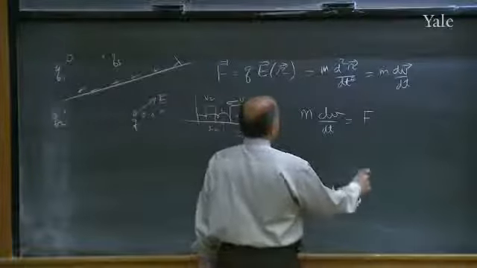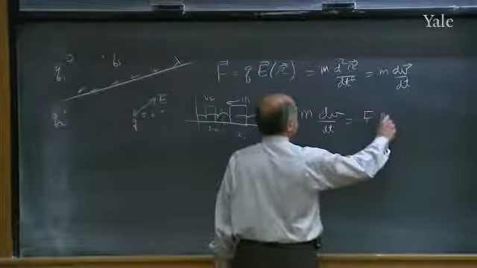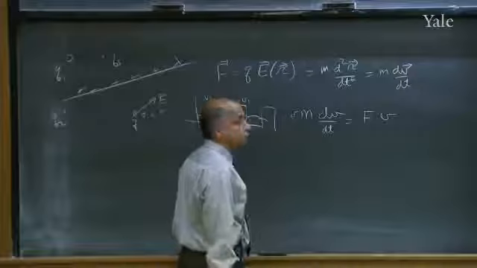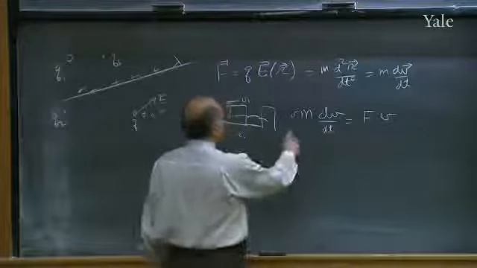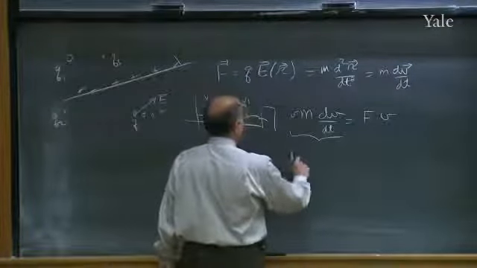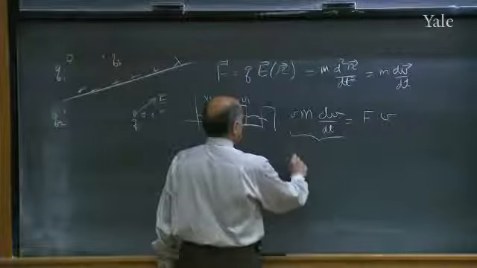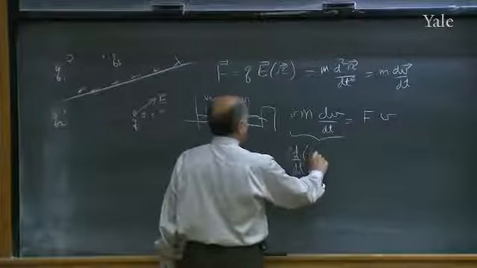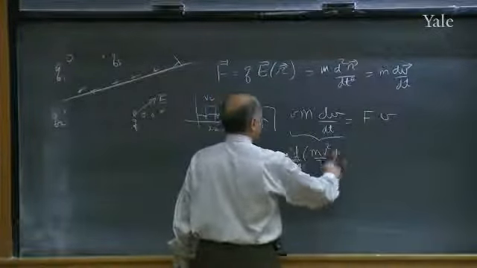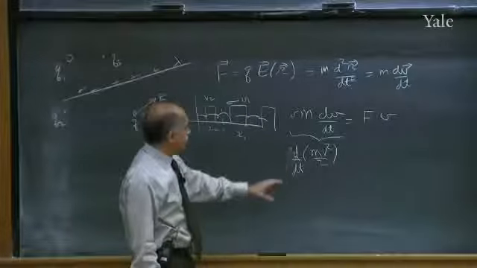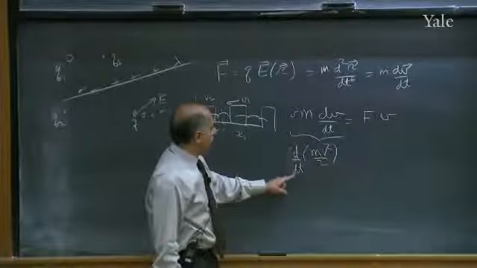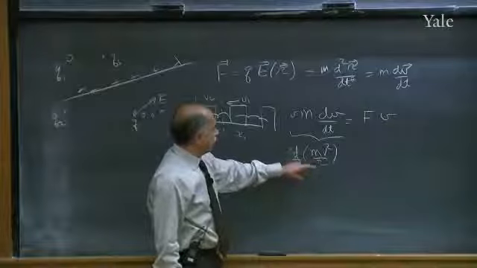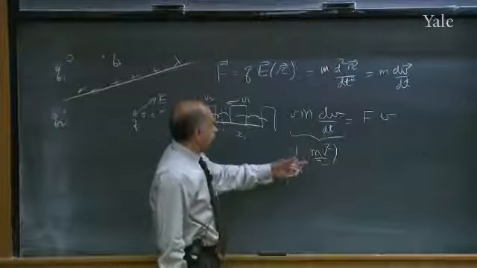Then I multiply both sides by v. On the left-hand side, if you know basic calculus, this is really d/dt of mv squared over 2 by the chain rule of calculus. The d/dt derivative is the v derivative followed by the derivative of v with respect to t.